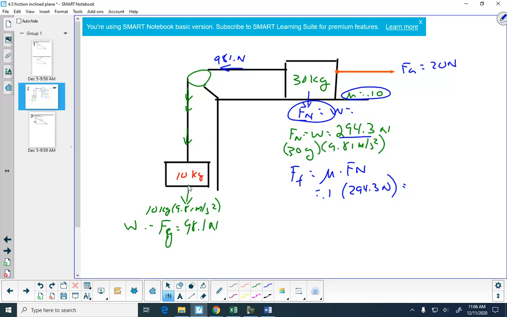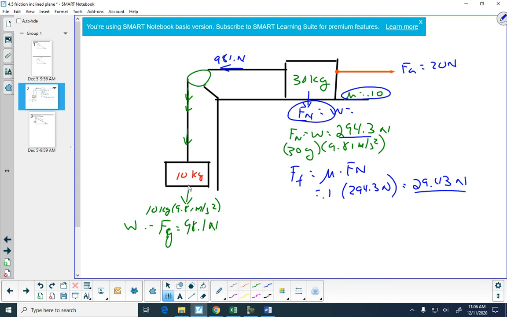Dylan, what did we get our force of friction to be? 29.43 newtons. Okay, so we have 29.43 newtons. Now, we have to remember this force of friction is only going to work against the motion.